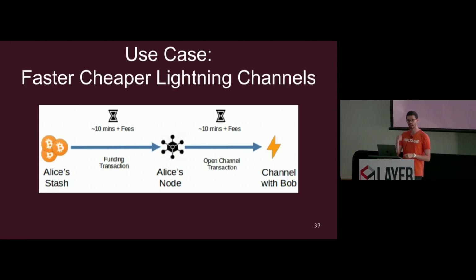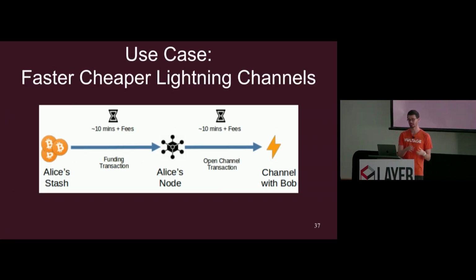So the typical way Lightning nodes are created and funded is, let's say Alice has a stash and she wants to create a Lightning node. It's a brand new node. And so first she'll go into Thunderhub or whatever and send a funding transaction to the Lightning node's wallet.